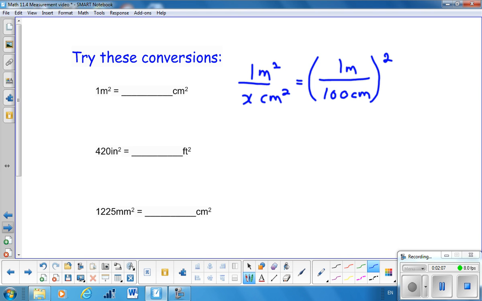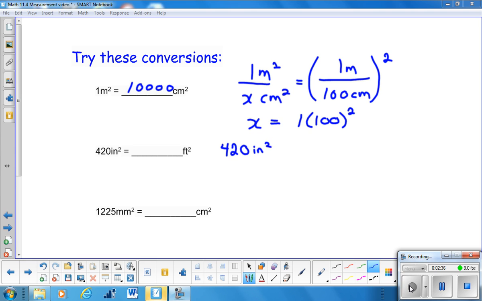When we cross multiply, we would then end up with x being equal to 1 times 100 squared. 1 times 100 squared is the same thing as 1 times 100 times 100, and so we would end up with 10,000 centimeters squared.